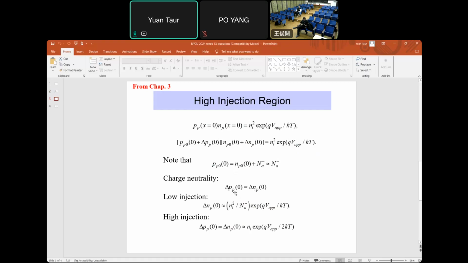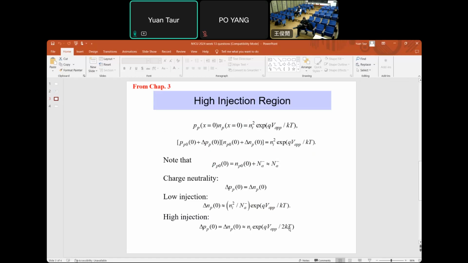But if delta np, and also delta pp, they're the same, is much higher than pp, which is Na, then each of them goes as the square root of the right side, which is Na times e to the qV over 2kT.